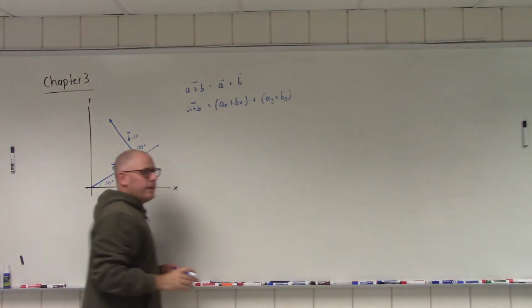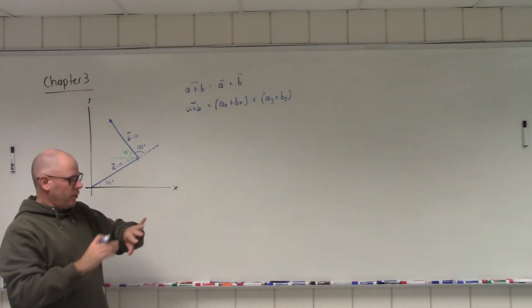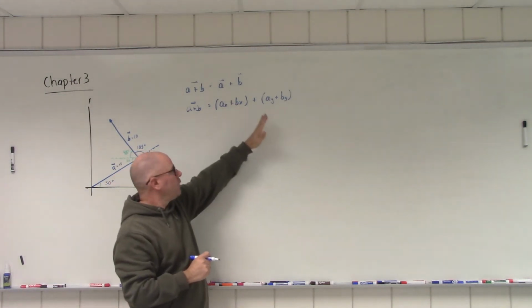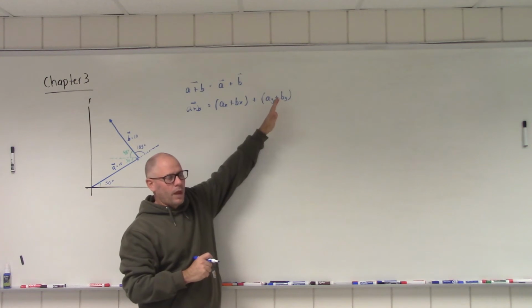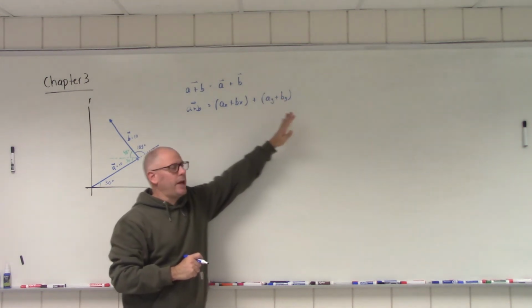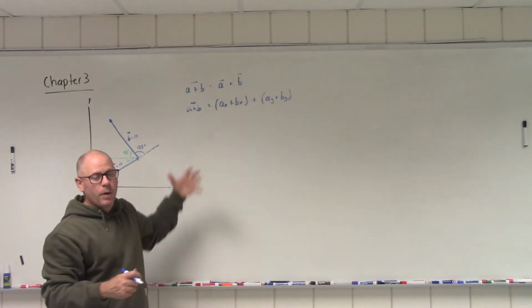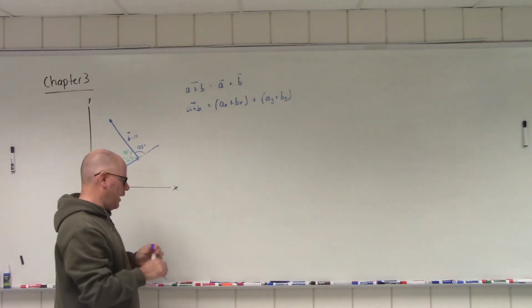Now, that's why it's easier to write this in unit vector notation, because it's like ai plus bi plus aj plus bj, that's the same thing. So I'm going to add the components together to construct my vector.